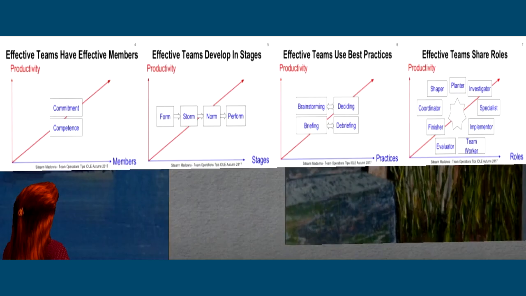To summarize this, I look at all these wonderful slides. They all look so great, productivity on the y-axis, factors on the x-axis. And what they imply is that collaboration is a technology with known methods that work. And that's true. But it's also true that collaboration is an art, and there's some blend between art and engineering.